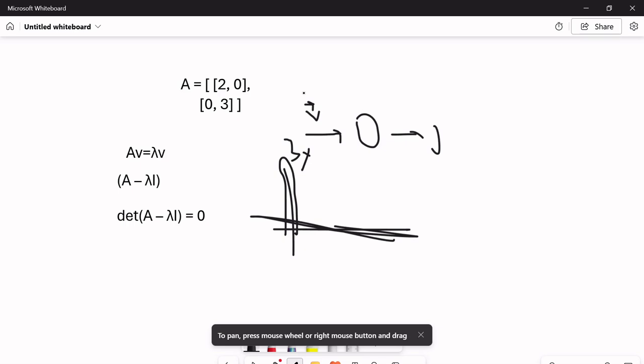So the x-axis is an eigenvector with eigenvalue 2, and the y-axis is an eigenvector with eigenvalue 3. So now you get what eigenvalues actually mean. In the context of eigenvectors, it denotes the magnitude.